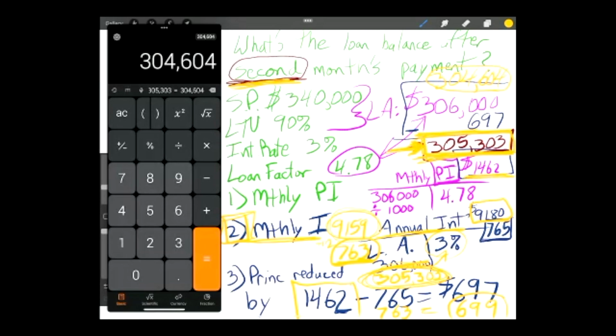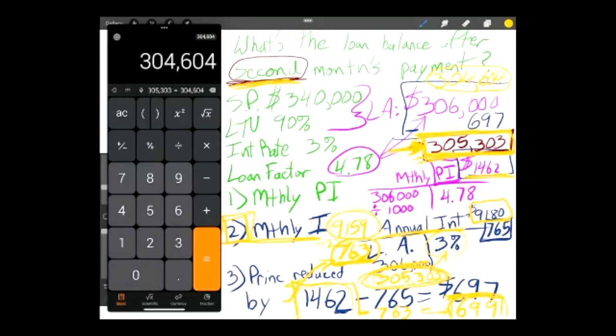And we divided it by 12 to get the 763. So we paid out of our $1,462 payment the second month $763 toward interest. And so when you subtract 763 from that payment amount, that's where we got the 699. We reduced the principal in the second month by $699.